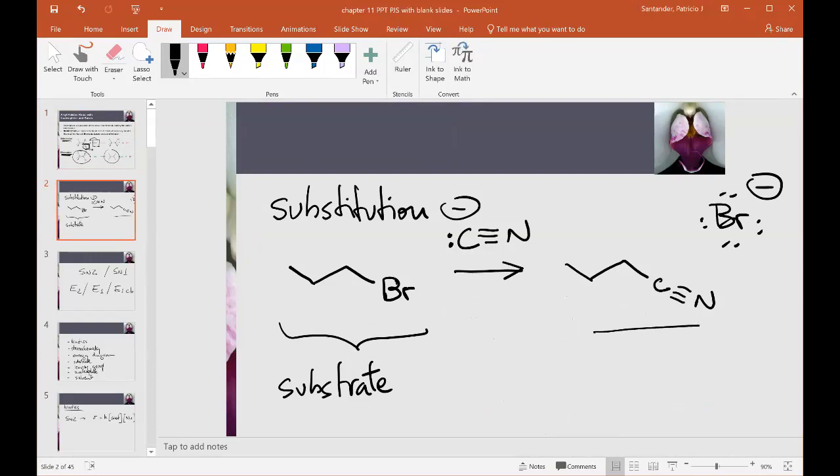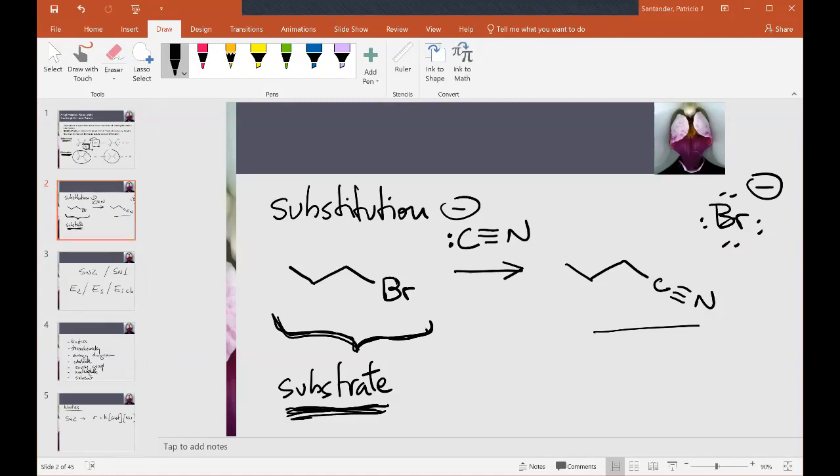So let's put some labels on some of the species we have. Very often we will refer to the organic compound that is experiencing the reaction as the substrate. This is the substrate. Or we can refer to that as the alkyl halide in this specific case.